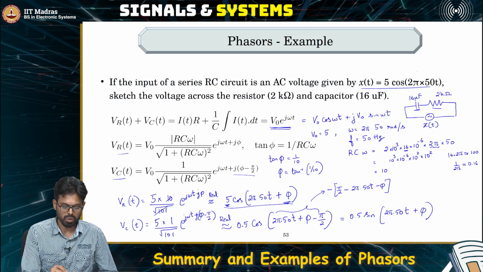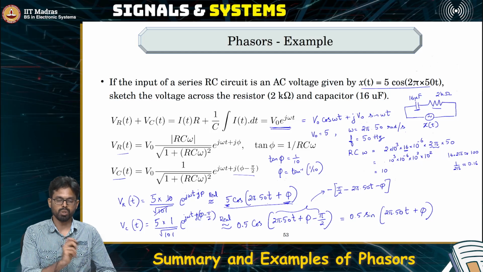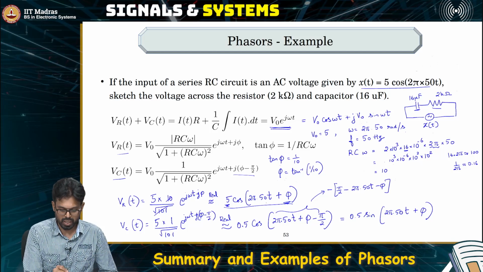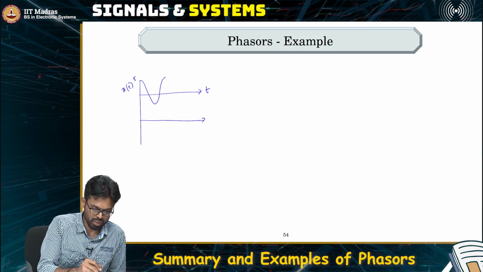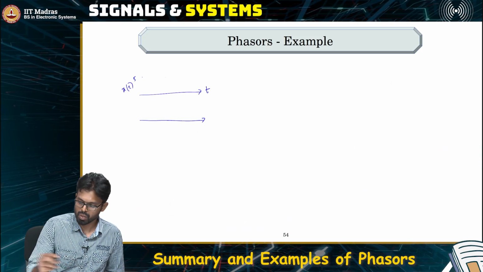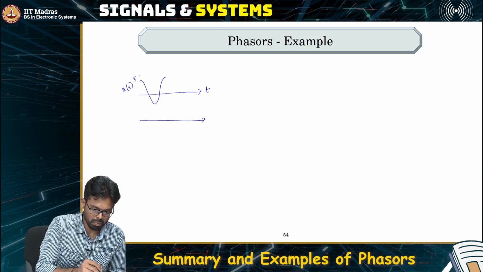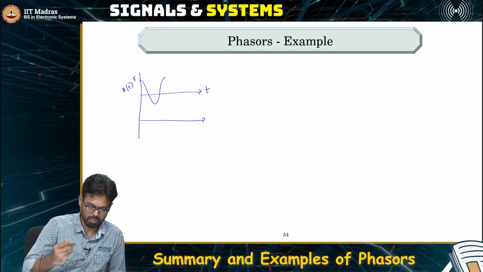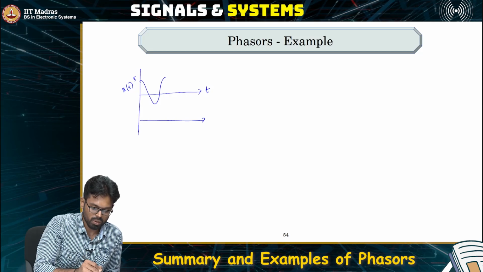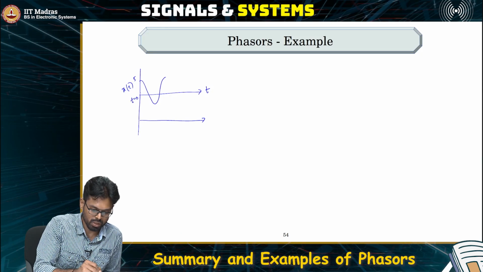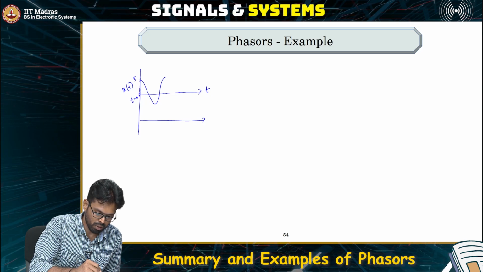So when t is equal to 0, we are supposed to get the peak of cos, but instead we'll get cos phi, which means that instead of starting at the peak, at t equal to 0, which is this point, we get the peak of the cosine function.